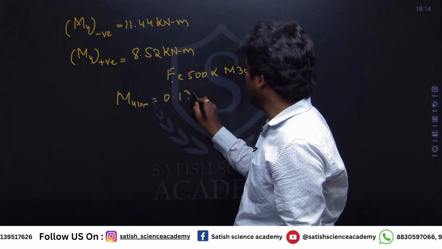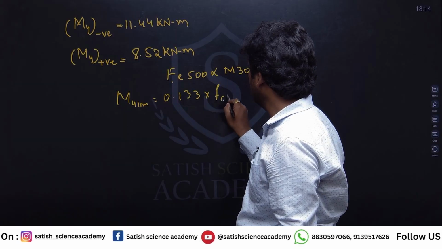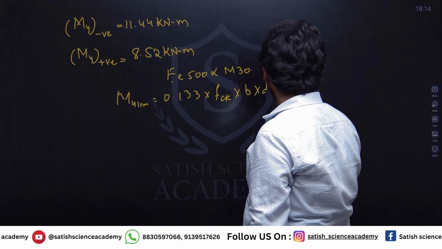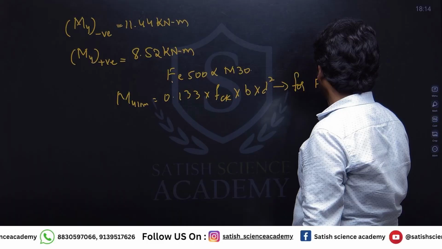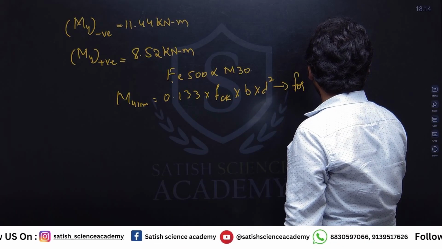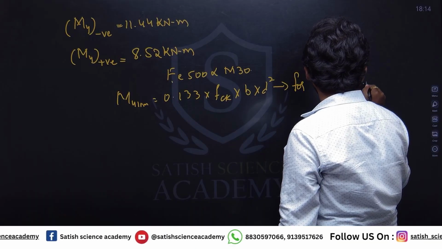Mu limit is 0.133 into fck into b into d square for Fe500 steel.